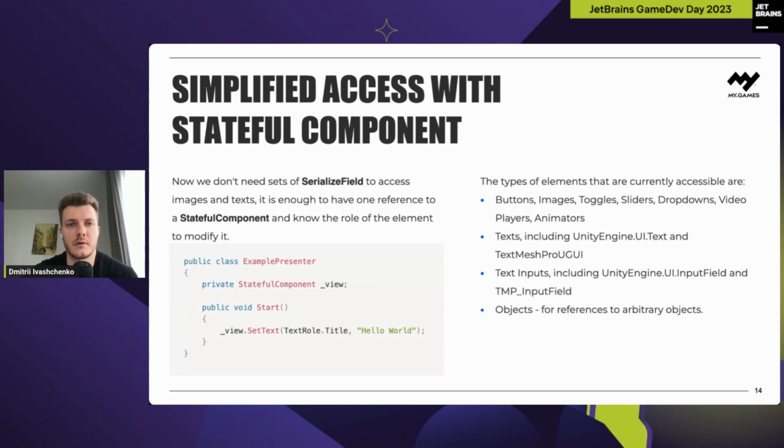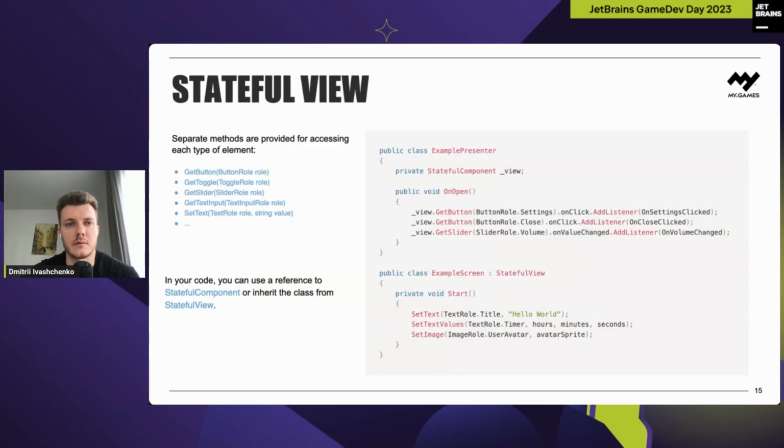And for what is not supported at the moment, there is a separate abstract type object, which is just a reference to a game object. You can get any component from it later. However, the correct approach is to expand the list of available types, of course. And the library already implements a large number of getters and setters for each type of supported UI element.